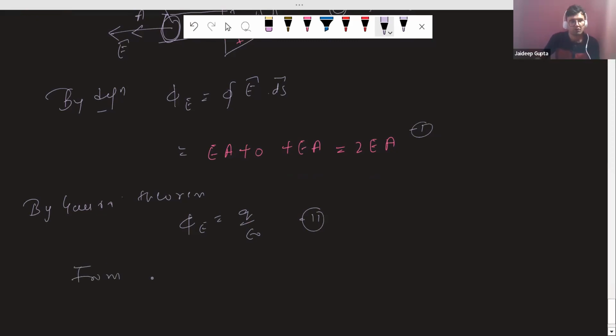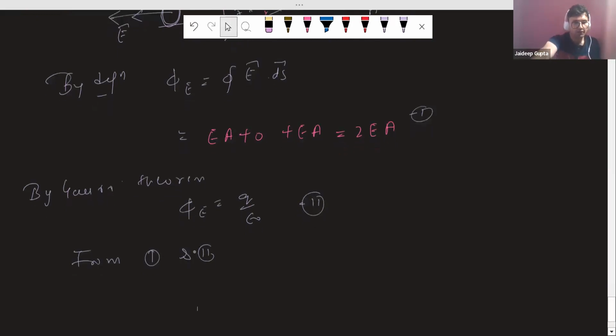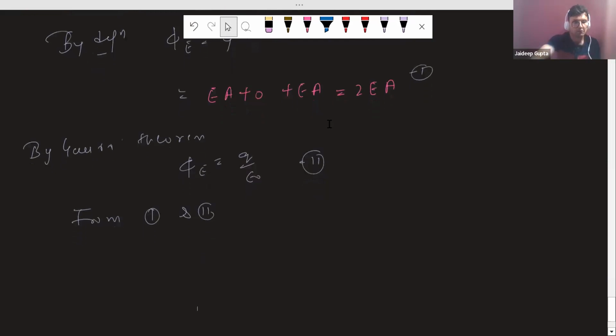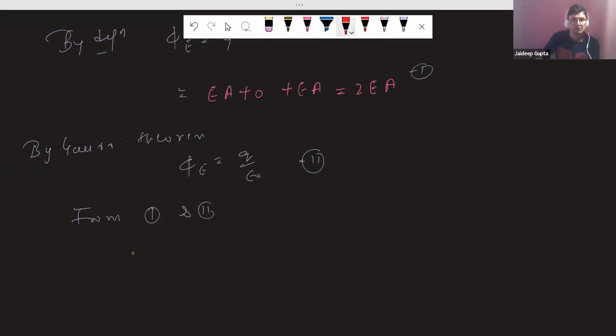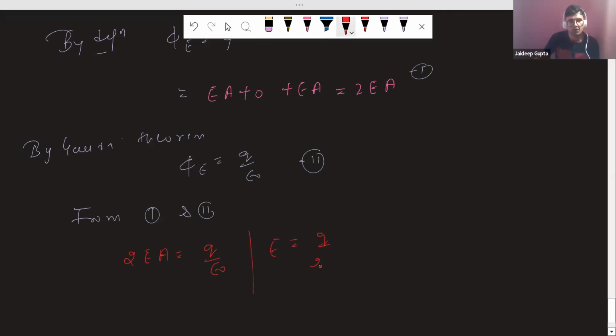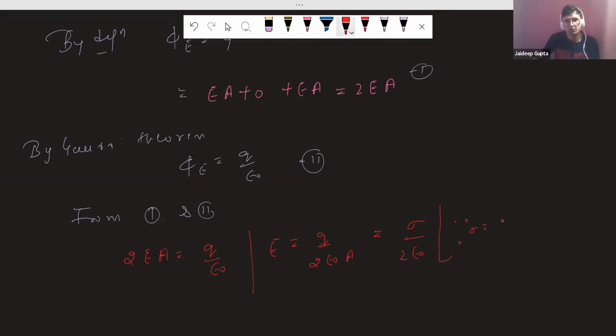So from first and second, if we equate, 2EA equals to Q over epsilon gives you E equals to Q over 2 epsilon A. And what is Q over A? Sigma. Since I told you sigma equals to Q over A. Fine, surface charge density. So E equals sigma over 2 epsilon.